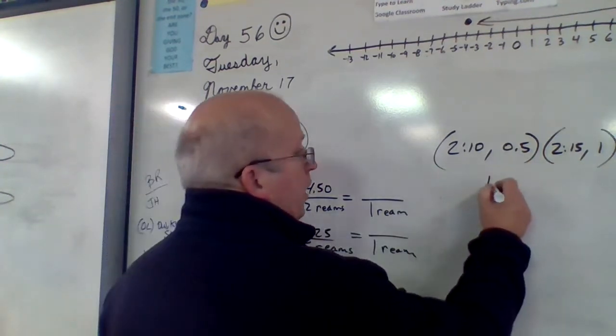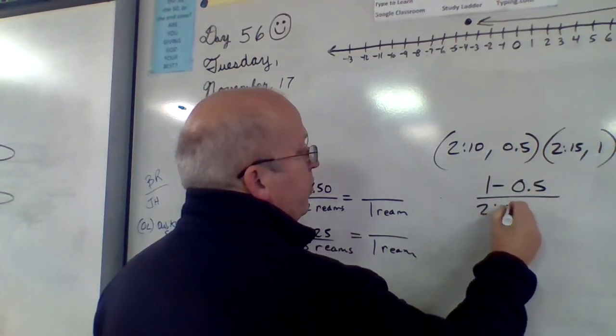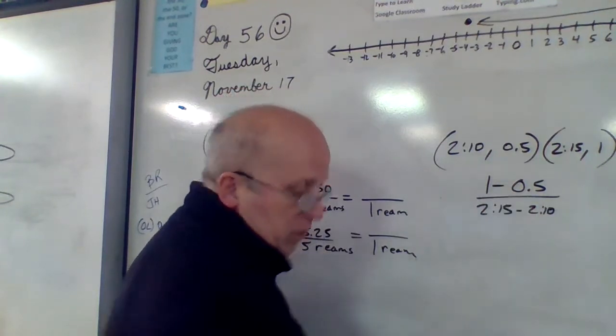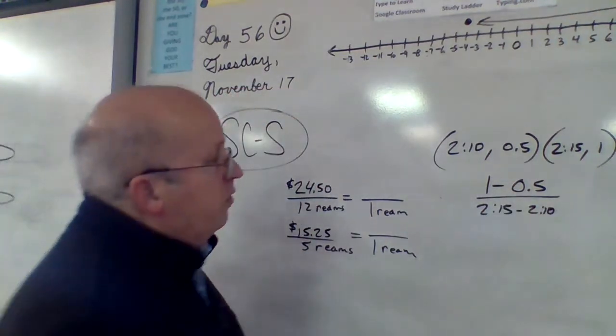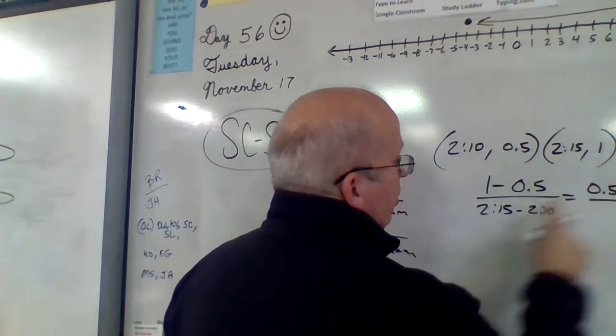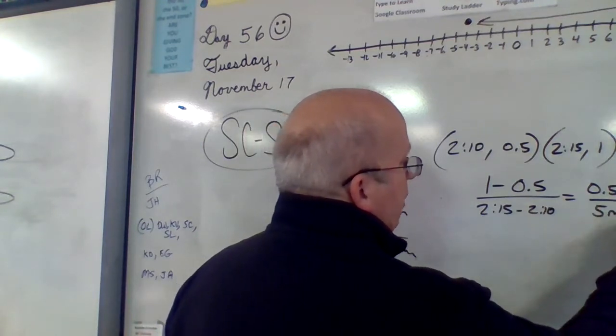So it would be 1 minus 0.5 over 2:15 minus 2:10. And remember, up here we're talking about inches of rain, so this is 0.5 inches, and here we're talking about minutes, so that would be 5 minutes.